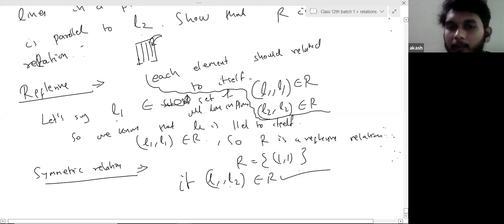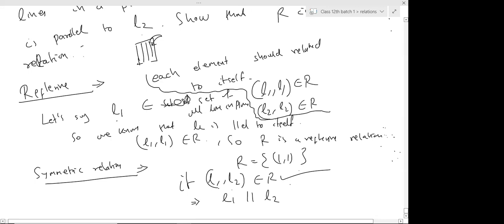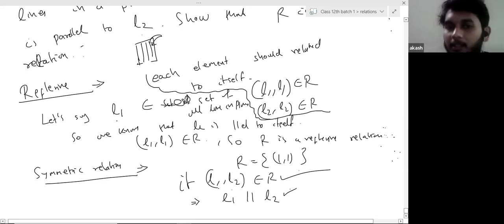This means L1 is parallel to L2, because the relation is given by this condition. Now to prove that this is symmetric, we have to prove that (L2, L1) also belongs to R.